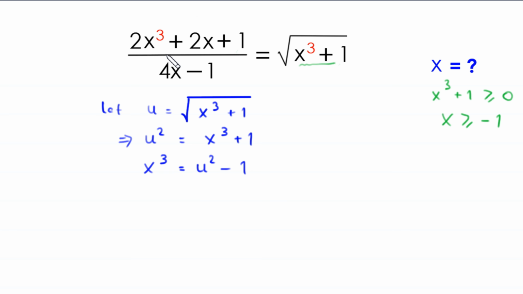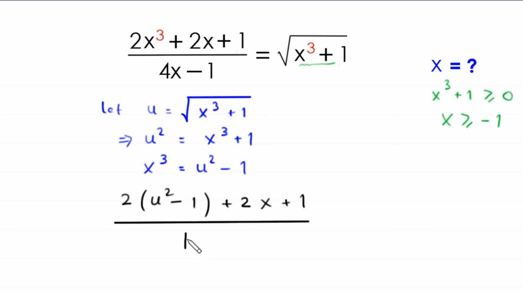So the equation becomes (2(u² − 1) + 2x + 1) divided by (4x − 1) equals u.